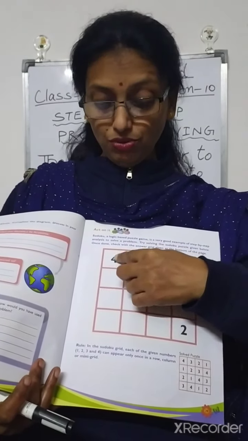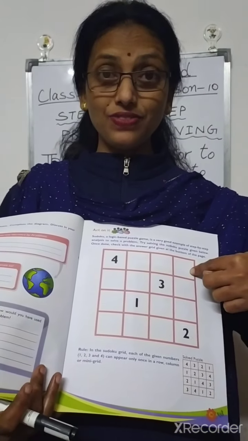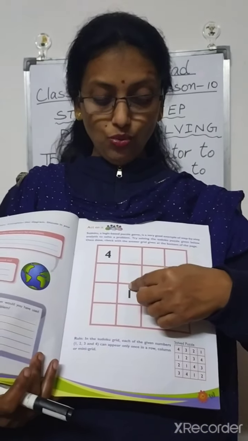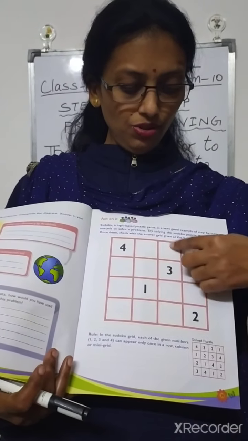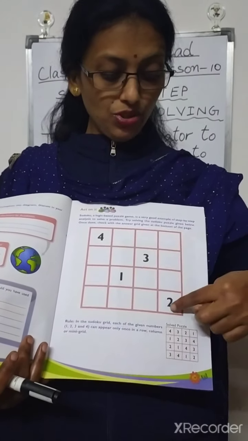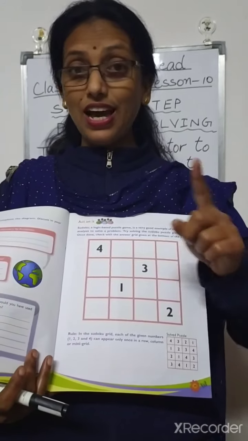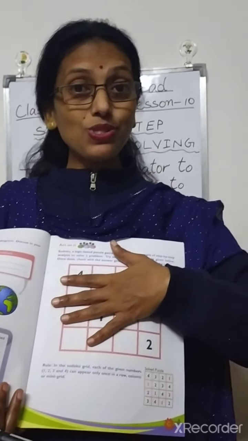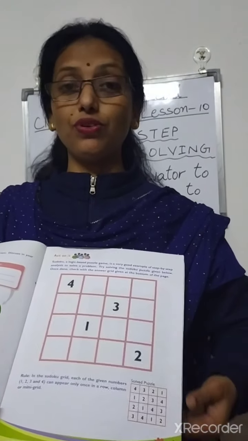So 4 will not come in this, 4 will not come in this. Similarly, 1 will not come in this and not in this. 3 will not come in this and not in this. It will not be repeated. 2 will not be repeated in this and not in this. I gave you the hint. Try to solve. If there is an issue, there is a solution also for you.